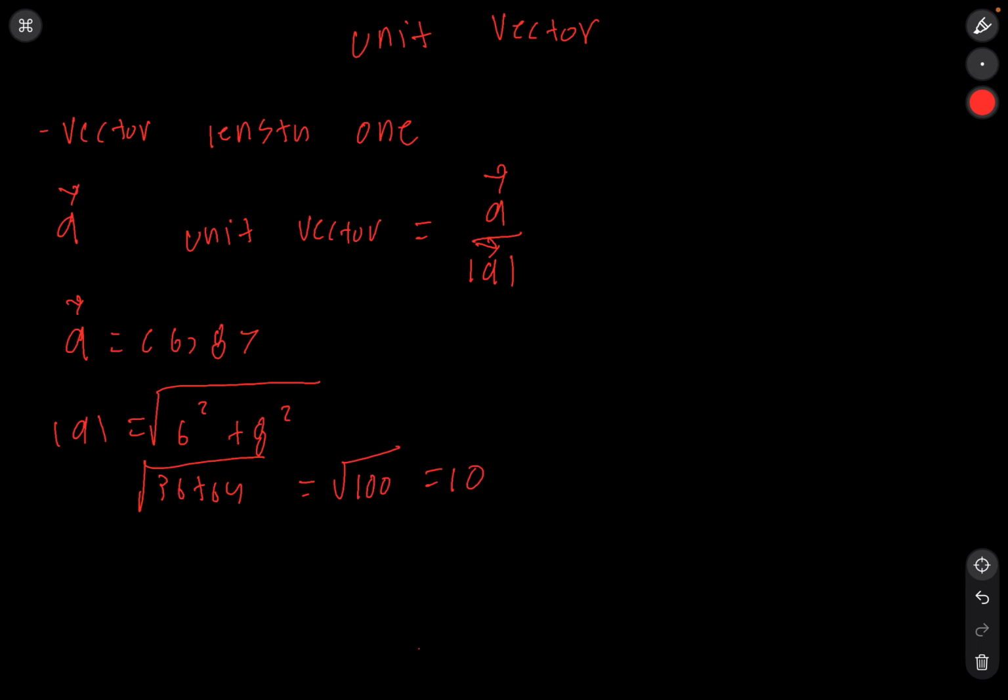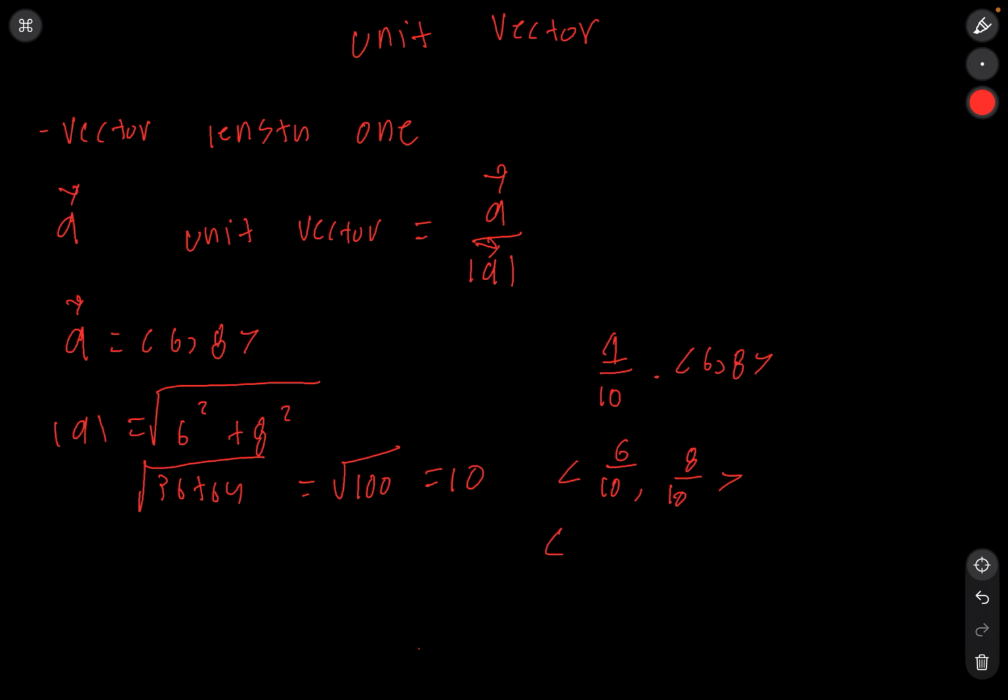From here, we use this scalar to multiply 1 over 10 times the original vector. The original vector has now turned into 6 over 10 and 8 over 10.